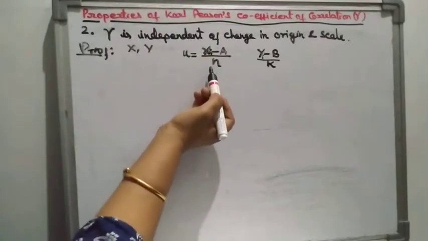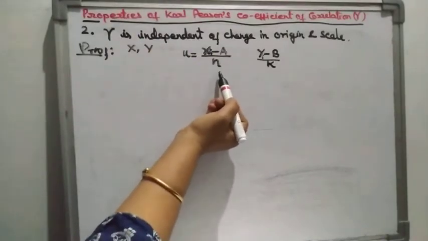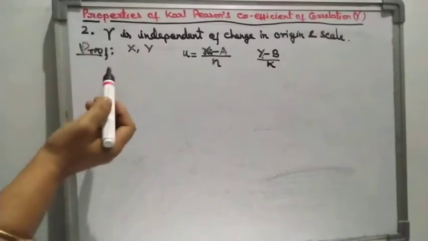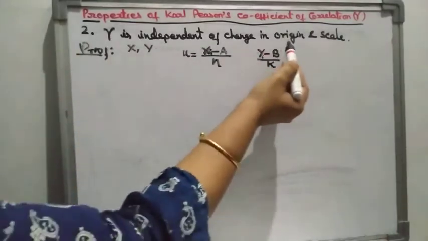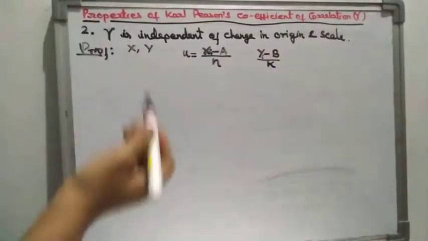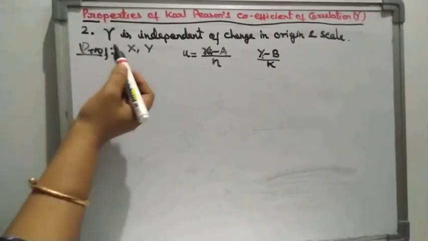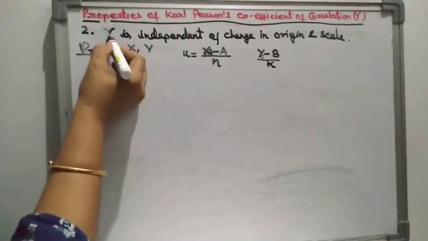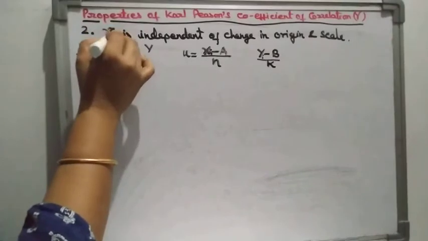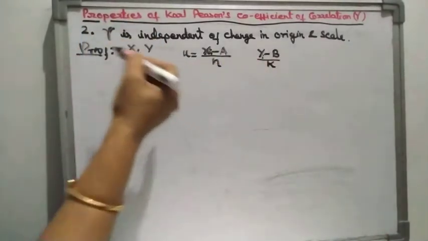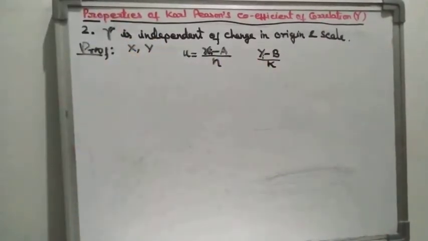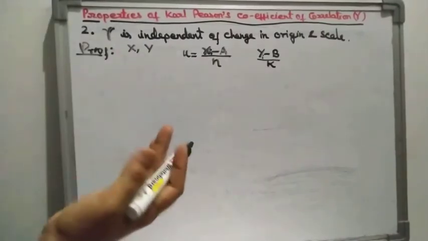We are changing origin and scale because here we need to prove that rho is independent of change of origin and scale. So let's check if the formula is changed or not. That means the rho formula will not change. It is independent of change of origin and scale, meaning it does not depend on the change of origin and scale. So let's check the formula is not changed, the formula will be the same.